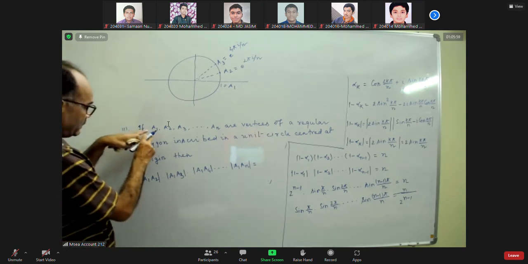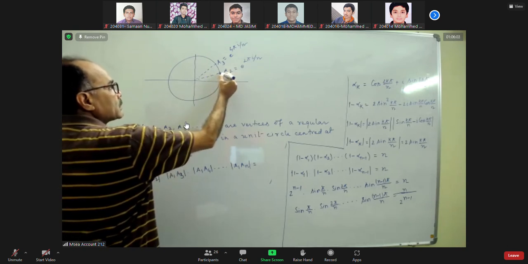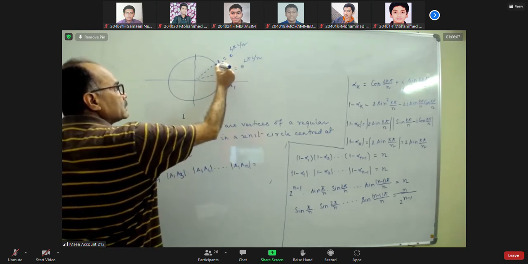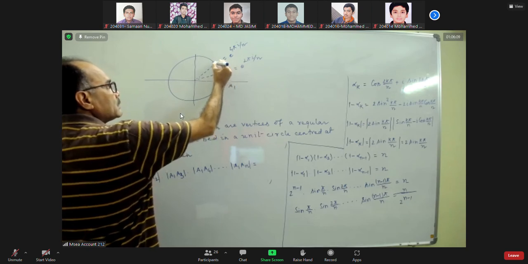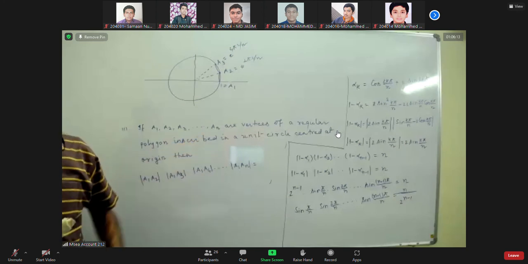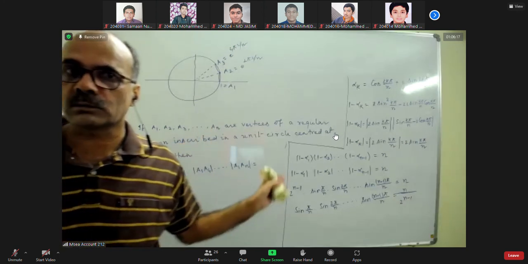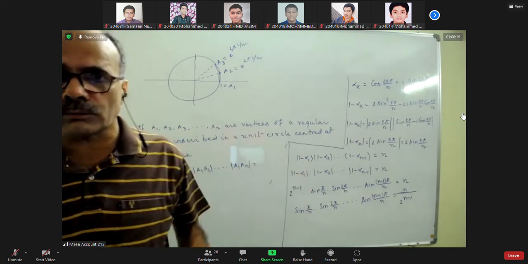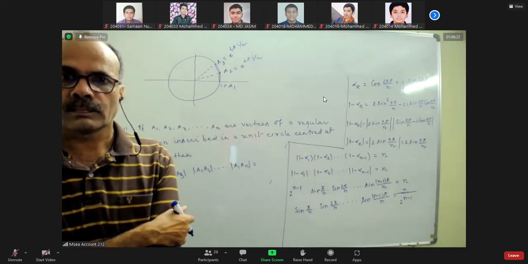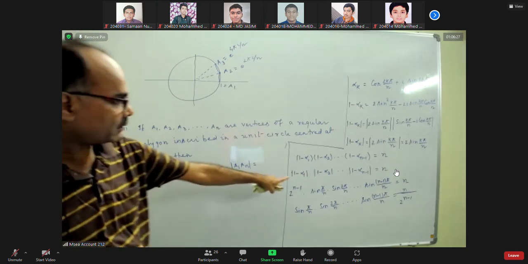If I assume A1 is (1, 0), this will be a regular polygon like that. So these are the nth roots of unity, vertices of the nth roots of unity. Okay, so this quantity is nothing but this one.